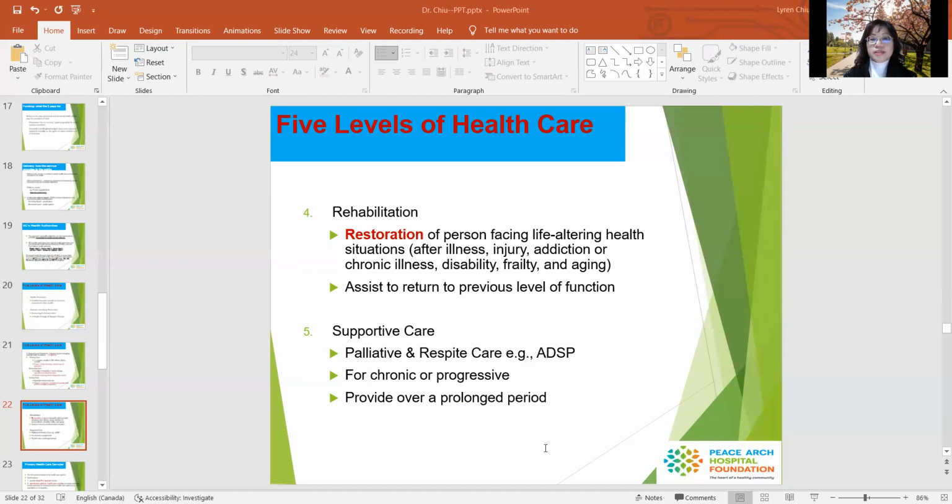They try to assist them to return to previous levels of function. The final one is supportive care, including pediatric respite care, and care for chronic or progressive conditions. They provide the care over a long, prolonged period.